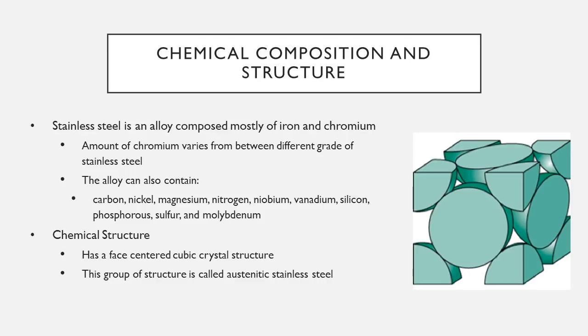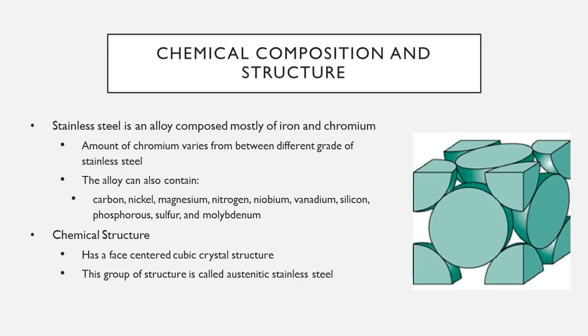As in this picture you can see here on the right, a face center cubic crystal structure has nodes on the face of the planes of the sphere, meaning that in addition to having these metallic spheres or atoms in each corner, which would be a node, you can also see that the center of a sphere would also be in the face of each particular side of this cube, meaning that one half of that particular atom is occupied within each cube. So that's what gives it the name face-centered cubic crystal structure.